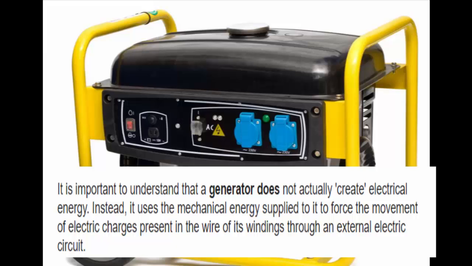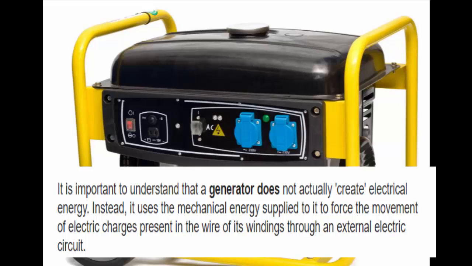Now, this is a generator and it supplies electricity. It is important to understand that a generator does not actually create electrical energy, because electrical energy is a thing in its own right and is separate from matter. Instead, it uses the mechanical energy supplied to it, which is forced by the explosion of gasoline, to force the movement of electric charges present in the wire of its windings through an external electric circuit.